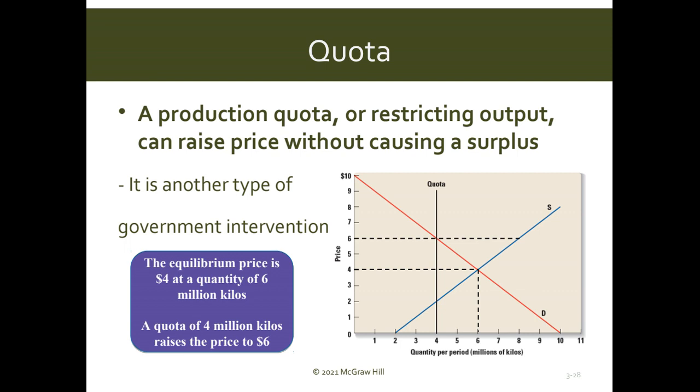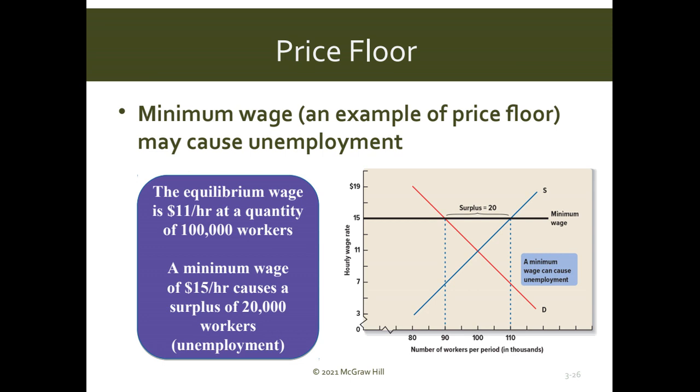We have a surplus. I can go back here, and you can see this is a diagram for price floor, and you can see that price floor creates a surplus of 20,000 workers. And by surplus in the labor market, I mean unemployment.